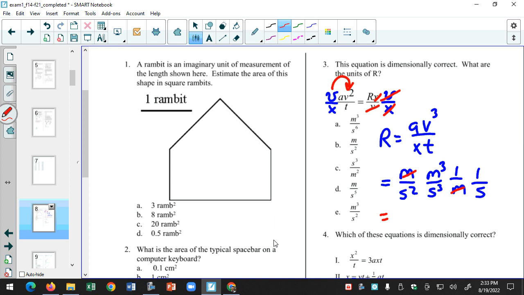X is M, V is meters per second, A is meters per second squared. No, I want you to know that. I think that you do know that, in fact. You just want to know if it's going to be there. Right, y'all know that? X is M, V is meters per second, A is what? Meters per second squared. Those are really the only ones that you need, I think.